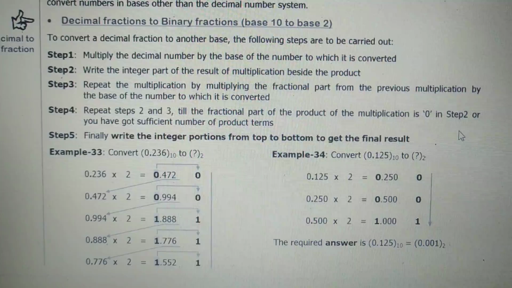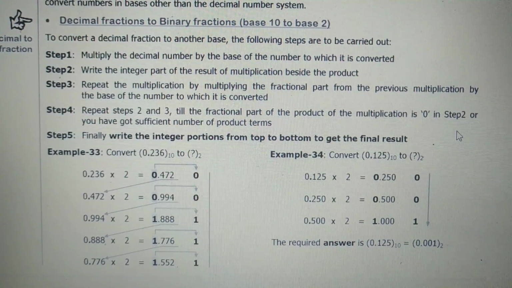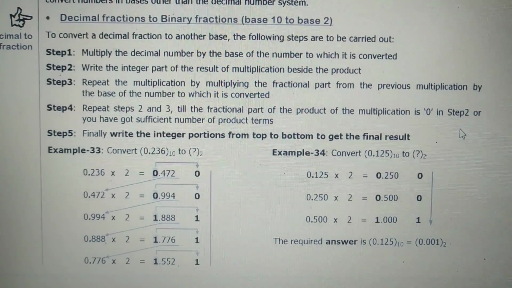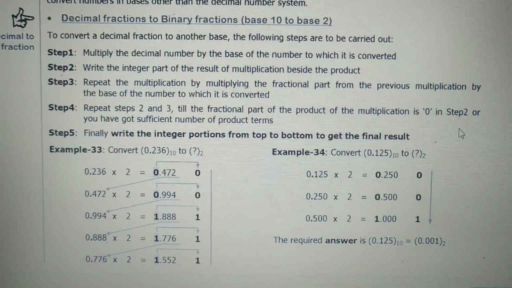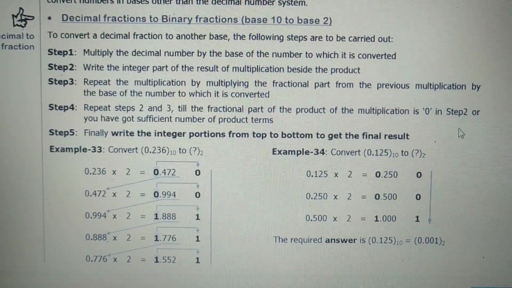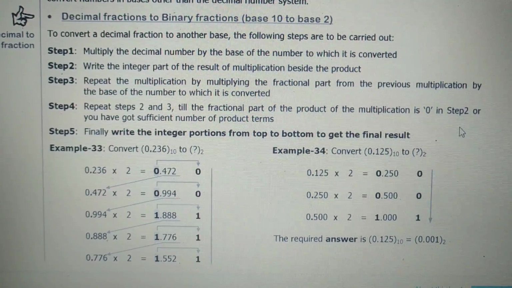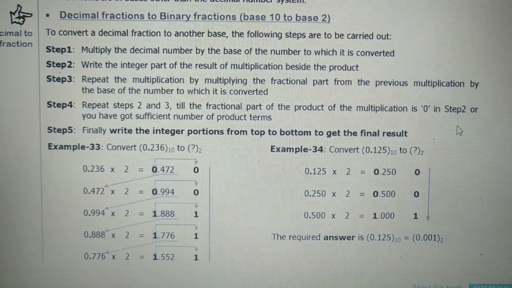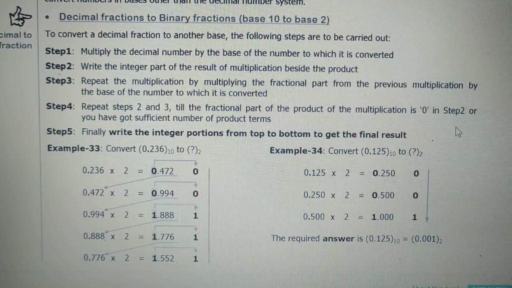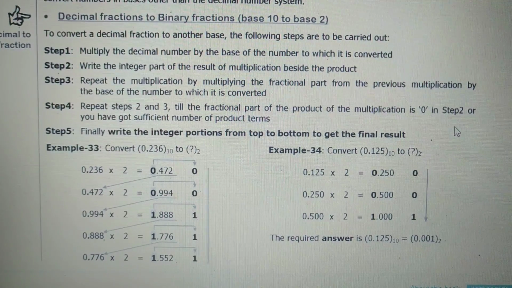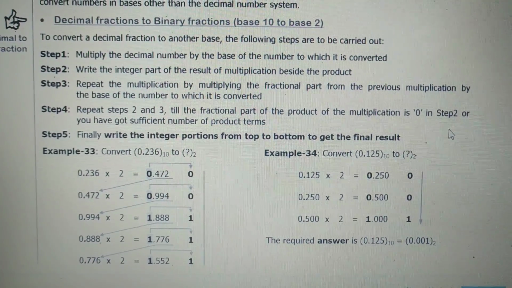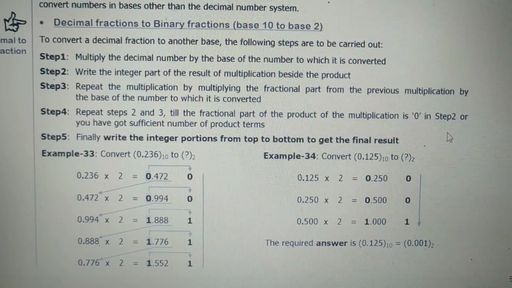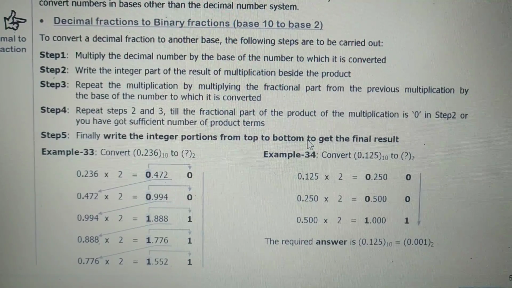Or you stop when you have got a sufficient number of product terms. Sometimes it may keep going on. After a certain time, if a repetition of the same fractions is coming, then we can stop at that point, or if 0 is coming, then we stop. Step 5: finally, write the integer portions from top to bottom.